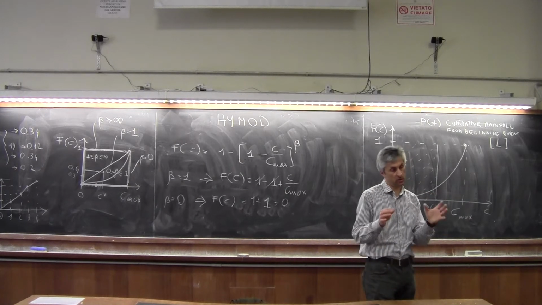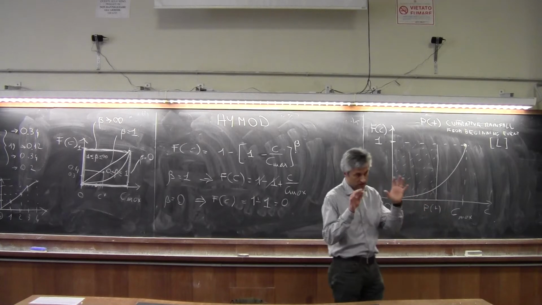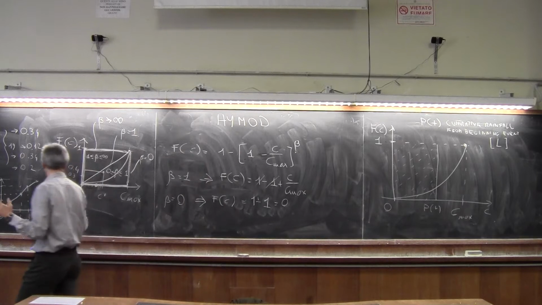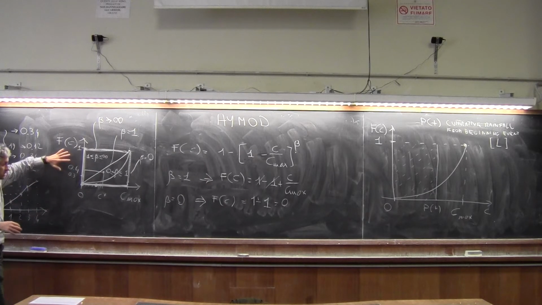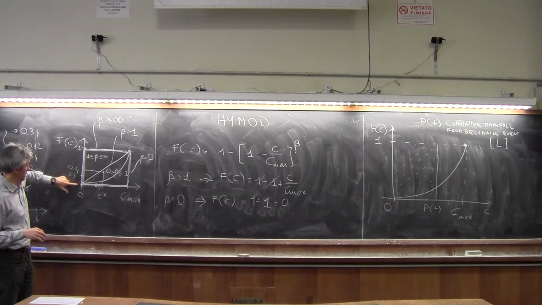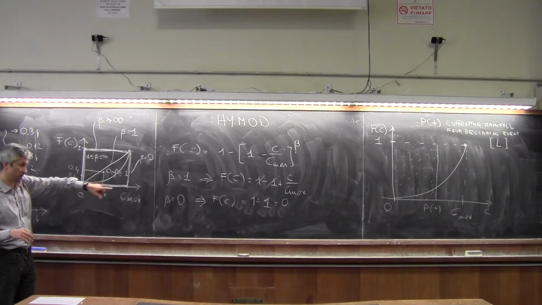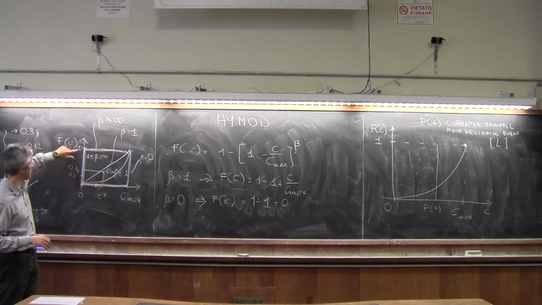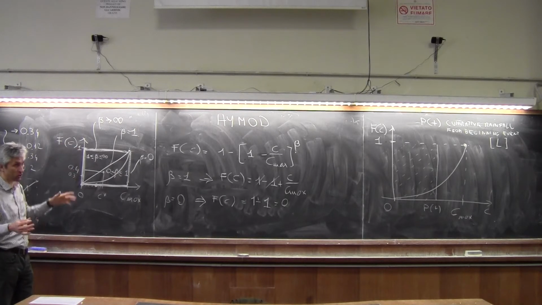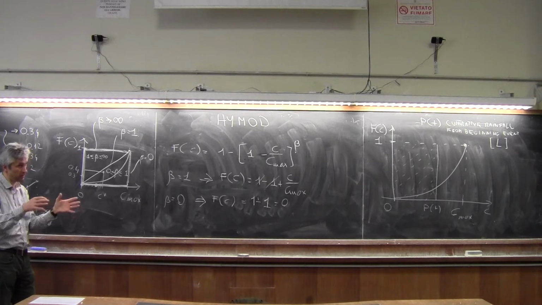Now, to reply to this question, let's just remind all of us that if this curve was given by beta tending to infinity, we would get an impervious catchment. Of course, in an impervious catchment, everything is transformed in river flow.